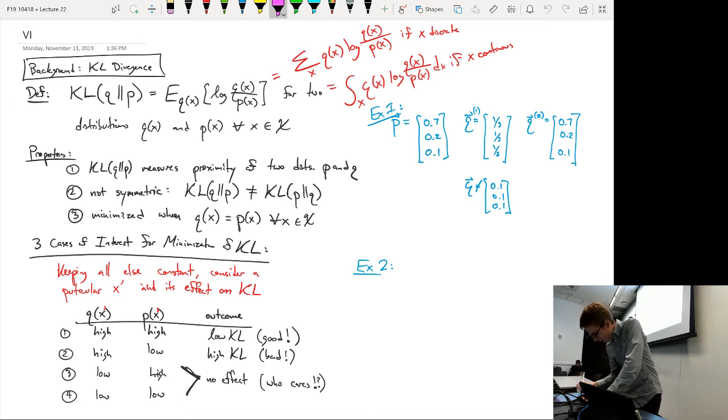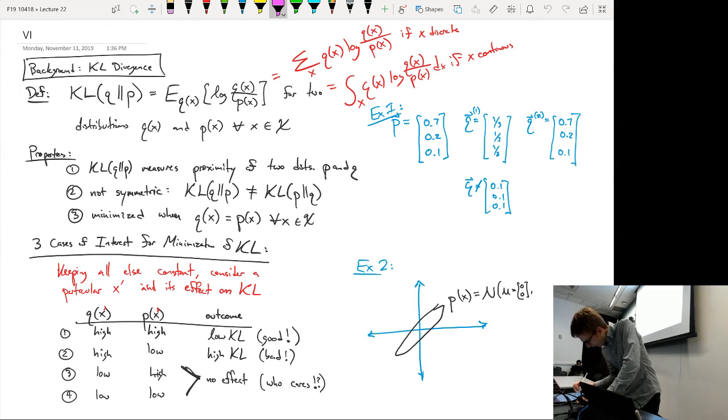Suppose you have some distribution that looks like this, that is P(x). It's a two-dimensional Gaussian, mu equal to 0, 0, and a covariance that gets us back this sort of skewed distribution.